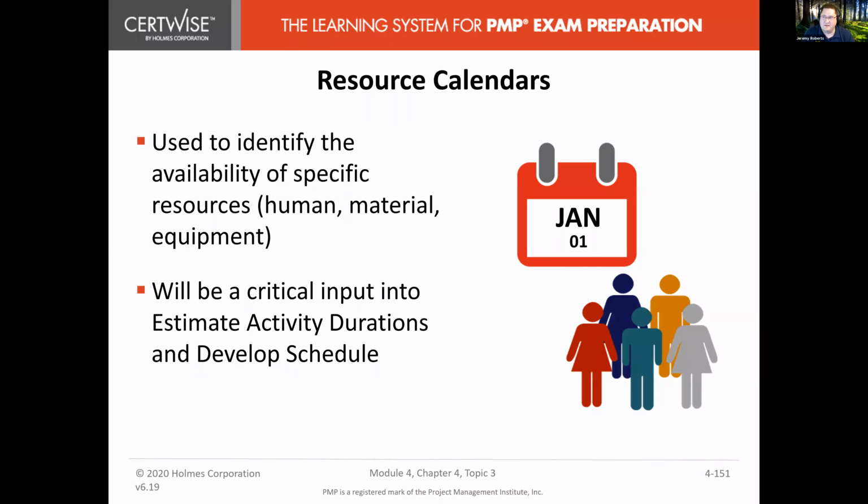So resource calendars. So we can use these to identify when a resource is available, and whether it's our people, equipment, materials, it just helps. Like, in some of your jobs, you might have to schedule meetings.